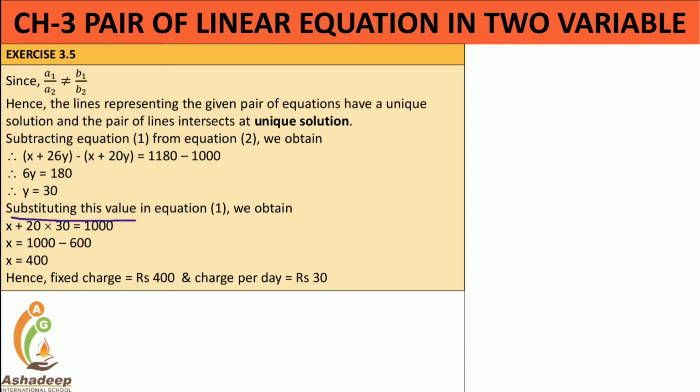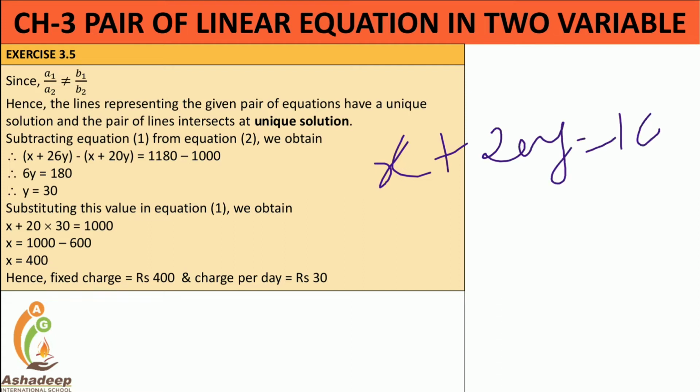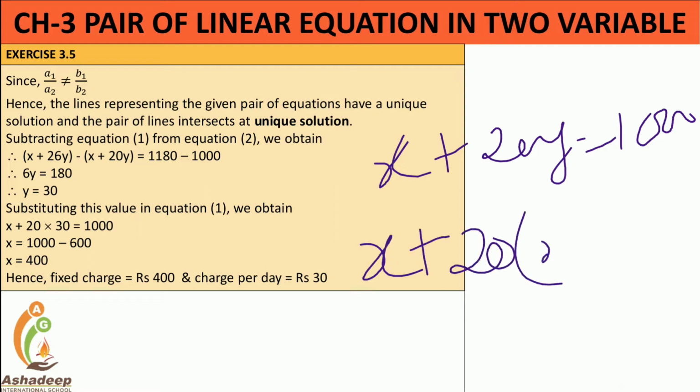Substituting this value in equation number 1 or equation number 2. Here we put it into equation number 1. Equation number 1 is X plus 20Y, since he stays for 20 days, and the total he needs to pay is 1000. The value of Y is 30, so X plus 20 times 30 is equal to 1000.